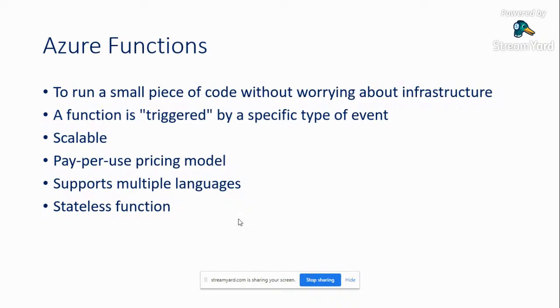So specific type of event means, for example, if you wanted the function to get executed, we have so many kinds of triggers. For example, HTTP trigger, Queue trigger, blob trigger, we have so many things. For example, we have an HTTP trigger endpoint, with some port number and the function name.